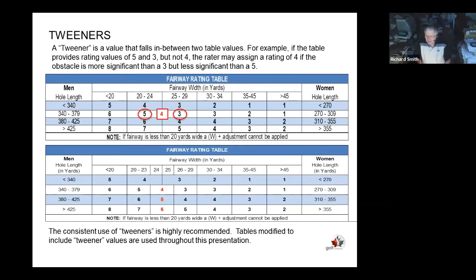And what I have done starting a number of years ago is actually make new tables, putting in the tweener values where appropriate, and making it for a more linear flow of values. And the other thing you'll notice here, if you have an unmodified guidebook, you might notice that my columns are in a different order than theirs.